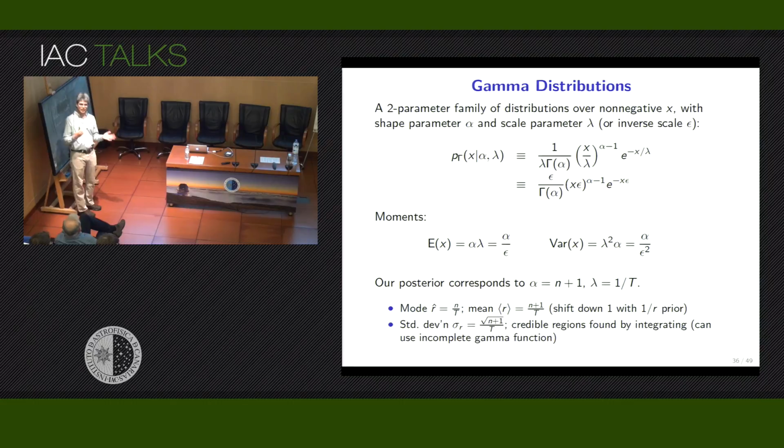Those are gamma functions. I should have given you the allowed values for alpha. Alpha has to be bigger than 0 for this to be proper. For the Schechter function, that corresponds to alpha being slightly negative, a very steep power law. So there has to be a lower cutoff.